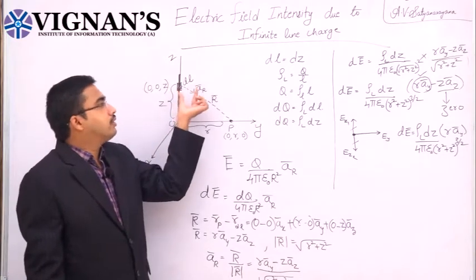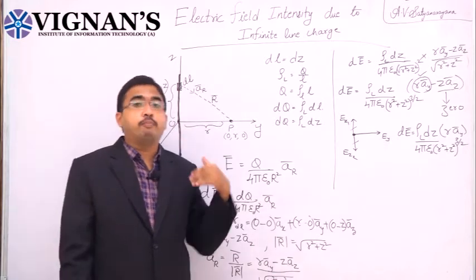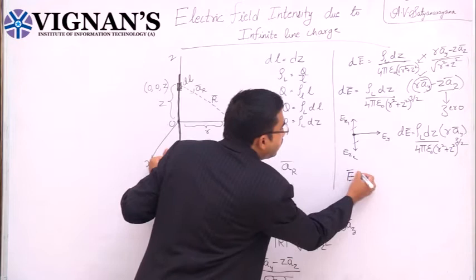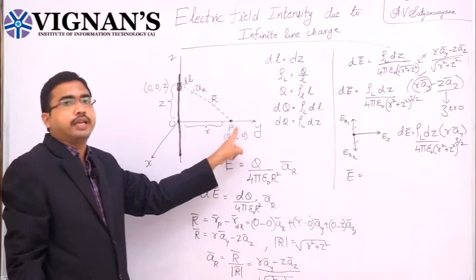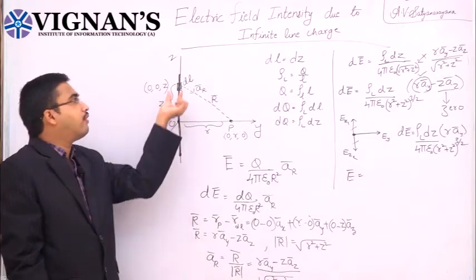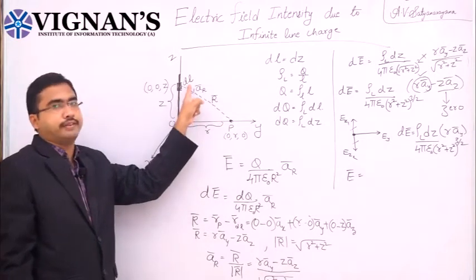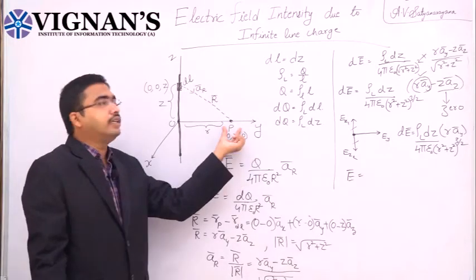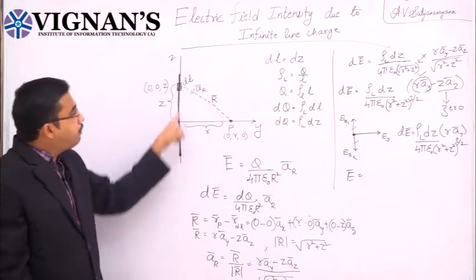Okay. So now we need to find the complete electric field intensity E bar at this point P due to the complete length of the conductor L. First we have obtained E only due to the differential length dl. In the next step we will obtain electric field intensity E due to the complete length.